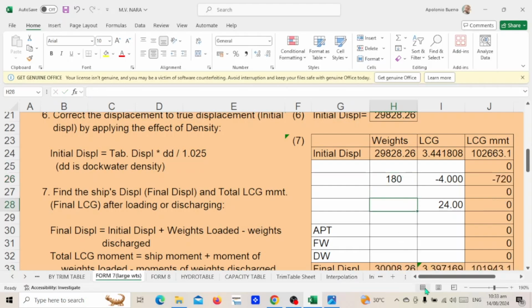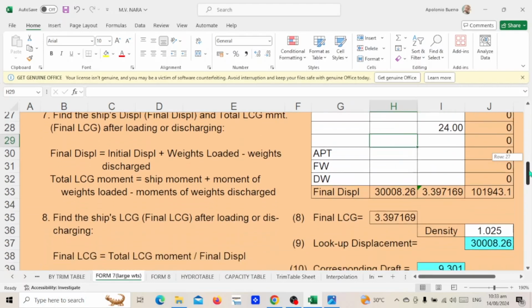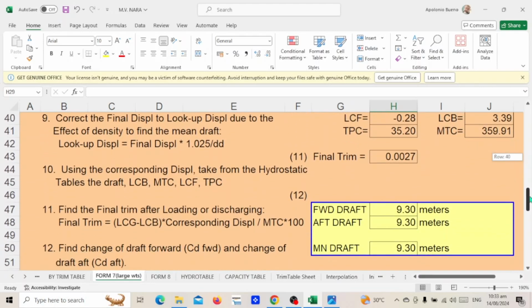That will be 0, and this will be your new LCG of 0.4 meters, and you already added the weight of 180, and this will be your new drop, even keel. Okay, so you have an even keel of forward 9.30, meaning your mean drop is 9.30, and your trim is 0.